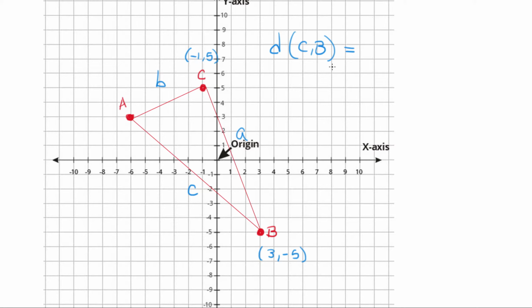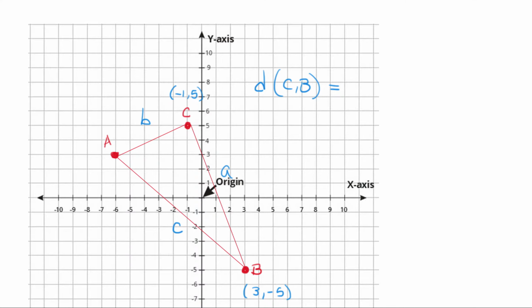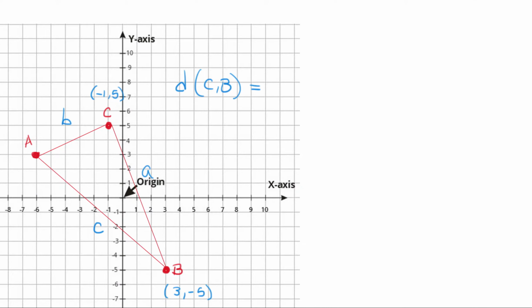So I just want you to rewrite the formula. Remember, it's your x2 minus x1 squared plus your y2 minus your y1 squared.